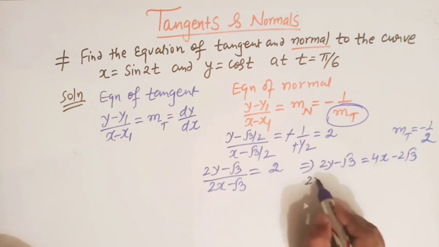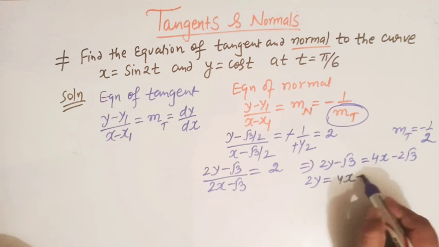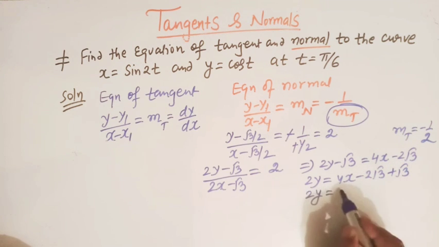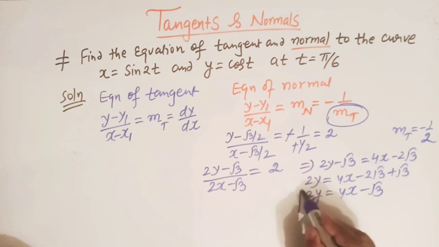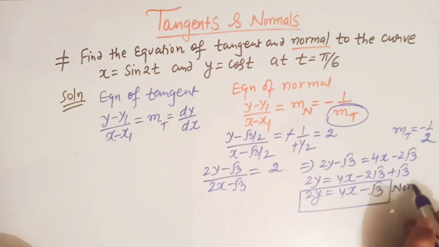So we have 2y is equal to 4x minus 2 root 3 plus root 3. So here we have 2y equal to 4x minus root 3. So viewers, this is the equation of normal, right?